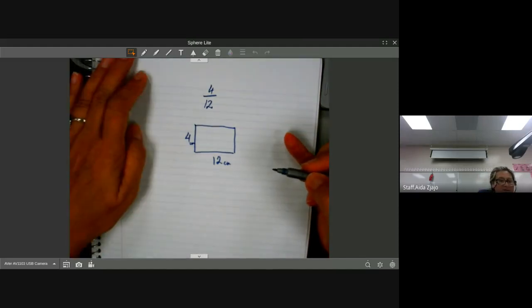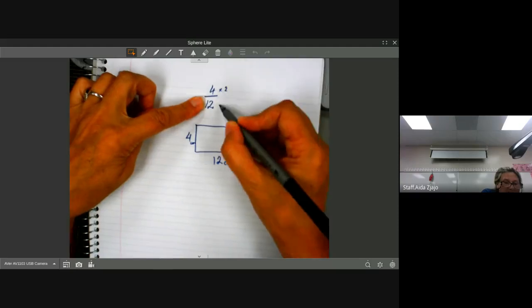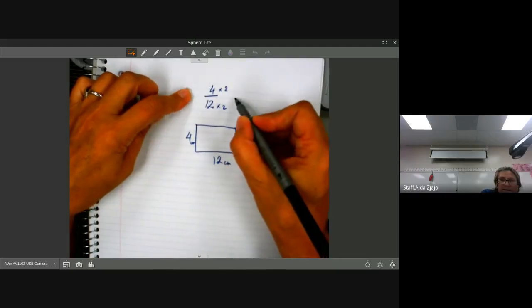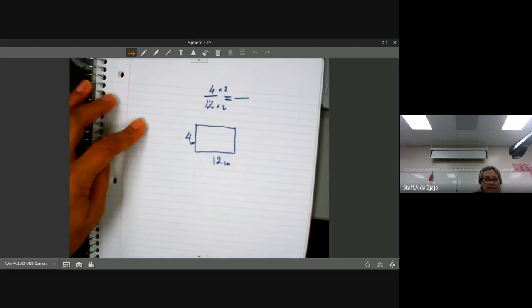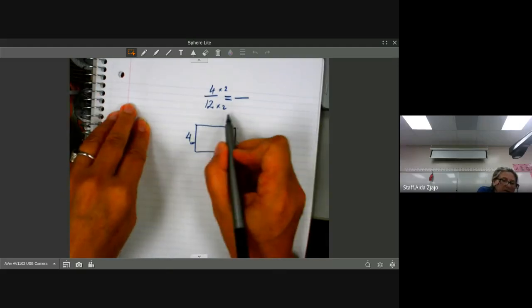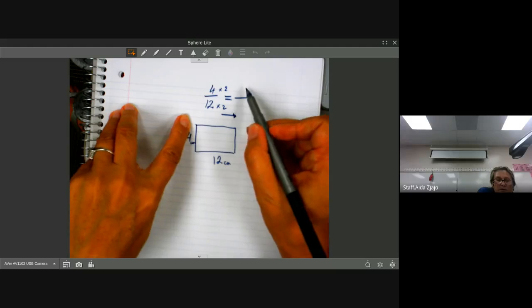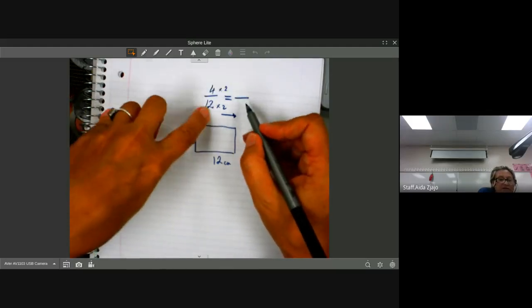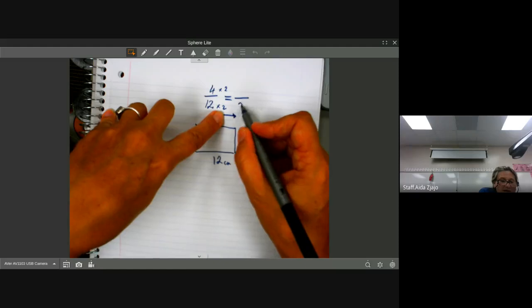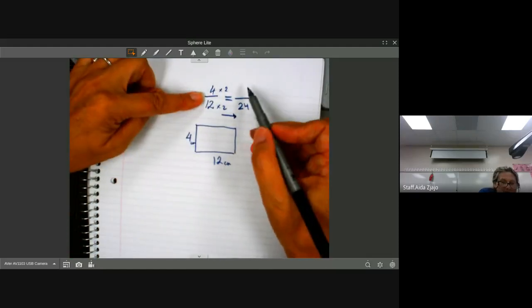I can multiply by 2, for example, and then I will get what? What do I get? 4 times 2 is 8. 12 times 2 is 24. You're right. That's if I go in this direction with multiplying.